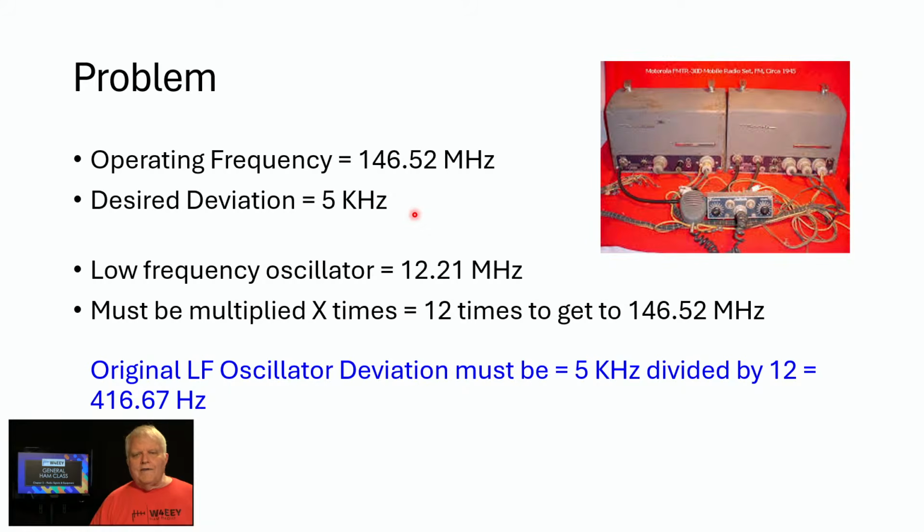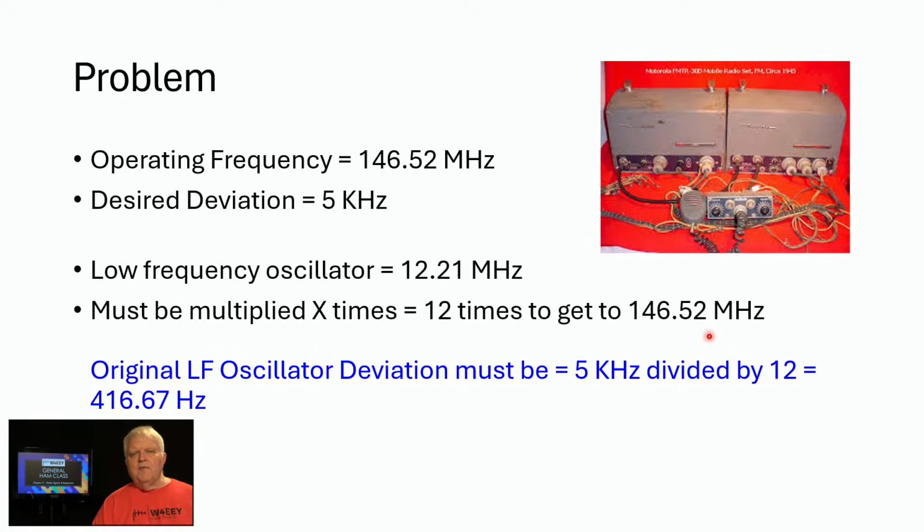All right. We start out with a low frequency oscillator of 12.21 megahertz. If we do the math, we find that it must be multiplied 12 times in order to get up to 146.52 megahertz. So what do we have to have for the original low frequency oscillator deviation?